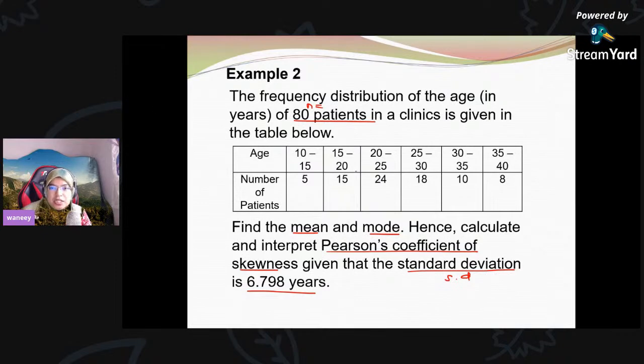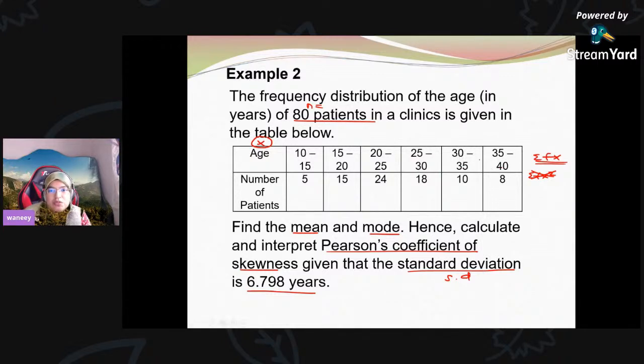Basically this is grouped data, so I have to see what the midpoint is for each class. And then I have to calculate the summation of fx as well as the summation of fx squared. But since we don't need to find the standard deviation, we don't need that; we only find the summation of fx. Okay, the midpoints: 10 plus 15 over 2, 15 plus 20 over 2, 20 plus 25 over 2, 25 plus 30 over 2, 30 plus 35 over 2, 35 plus 40 over 2.